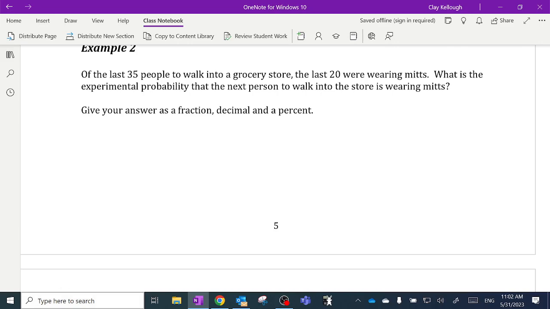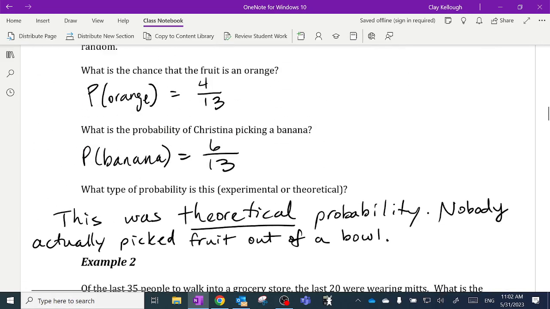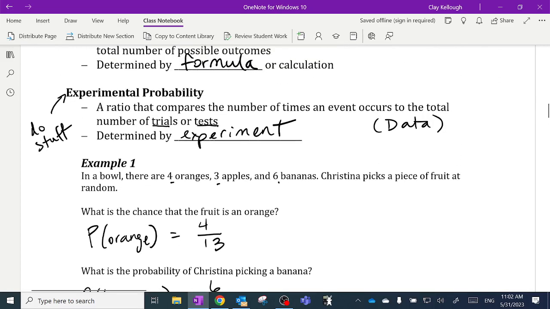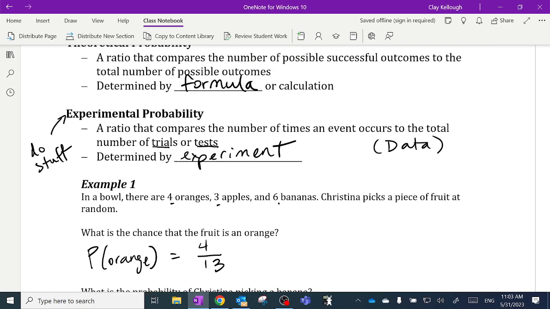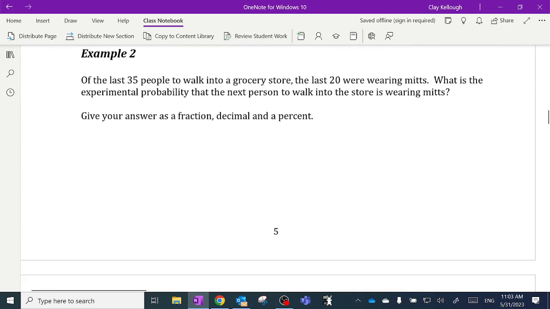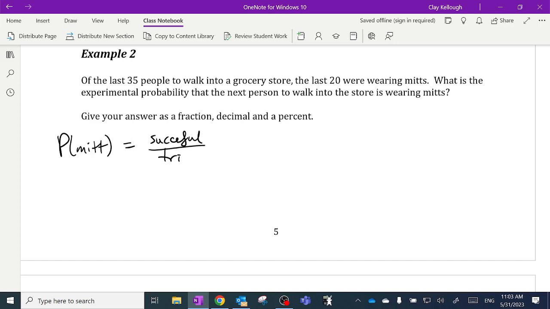So, new formula: event occurs out of total number of trials. So my probability of mitts is the total number of successful events over the total number of trials.